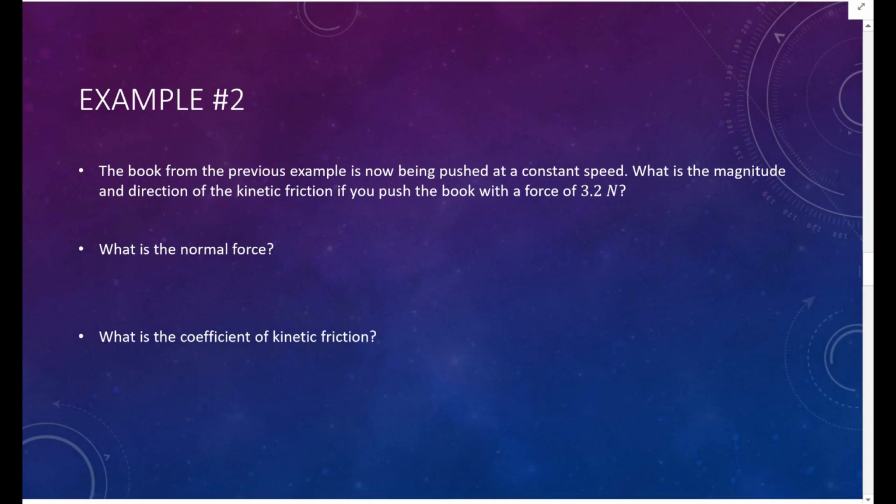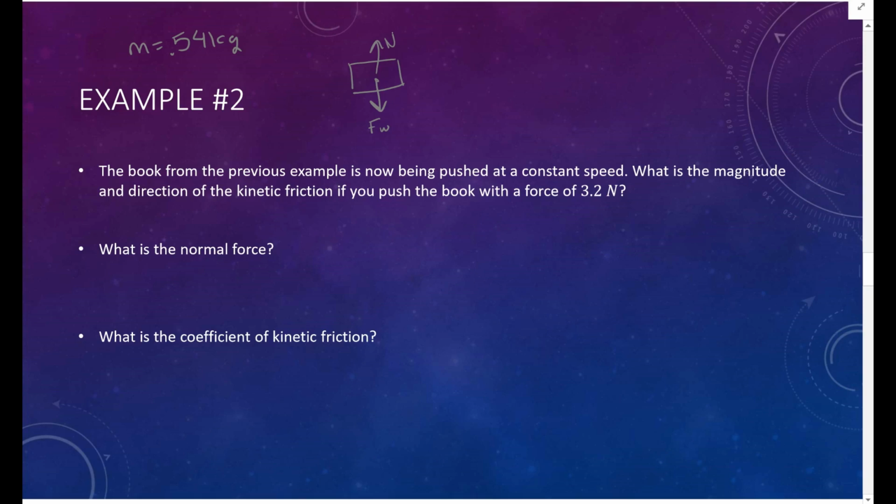Okay. We're still dealing with the same book that we talked about before. It's that 0.54 kilogram book, and it's sitting on Earth. All right, so those parts of my diagram are the same.